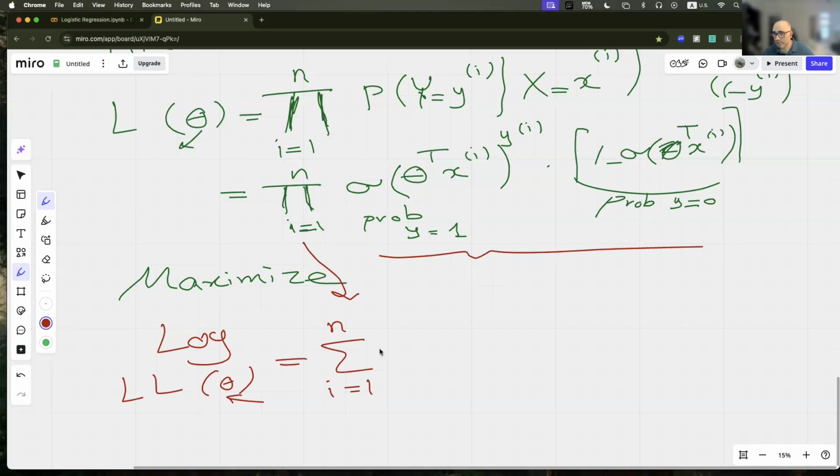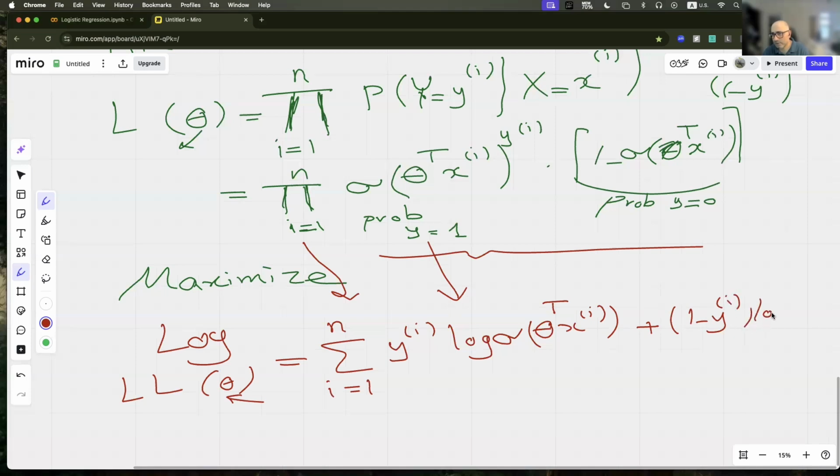If you take the logarithm, the equation for each sample would be like this: the logarithm of this term for that sample, multiplied by the logarithm of 1 minus sigmoid theta.